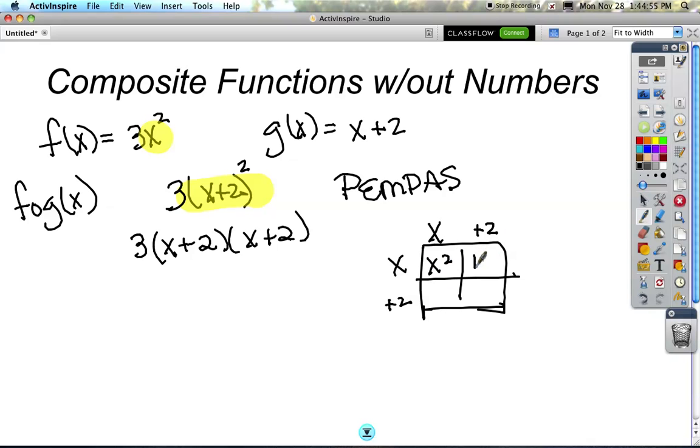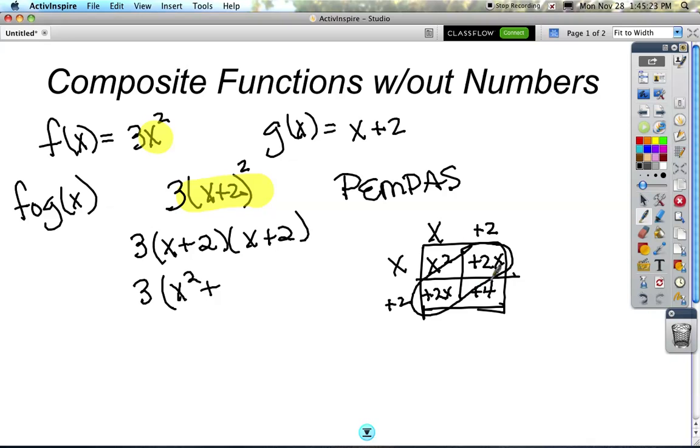x times 2, 2x. Please put your plus right there as a reminder of what you do. When you have a minus, you need to put a minus there. Plus 2 times x. 2 times 2, 4. And then you combine your like terms. Don't forget the 3 out there. I have an x squared.